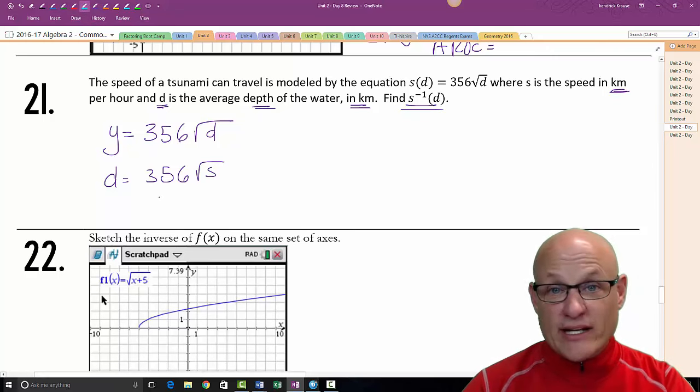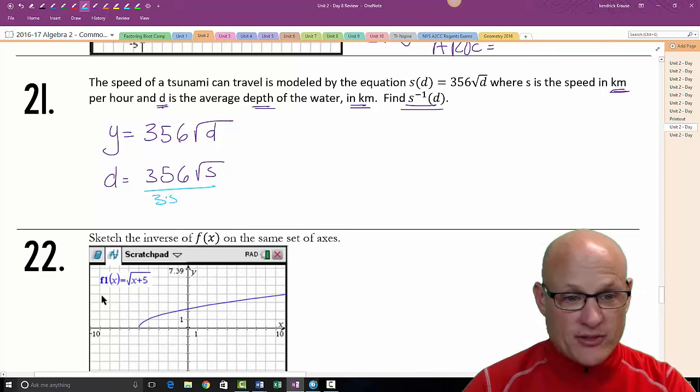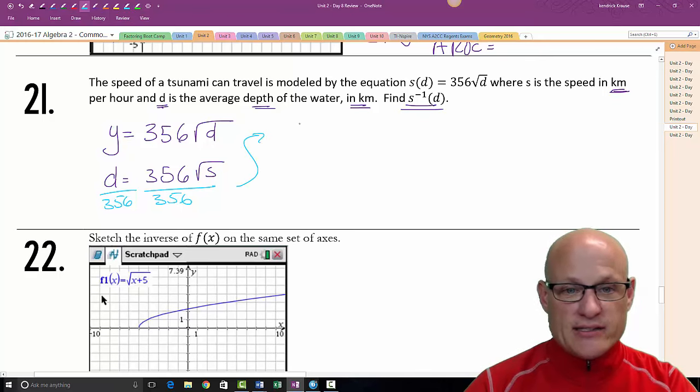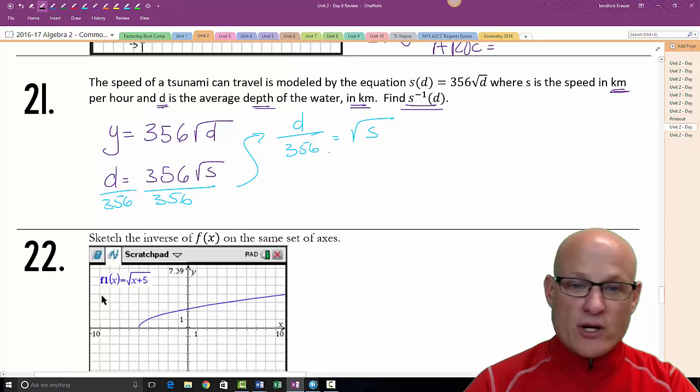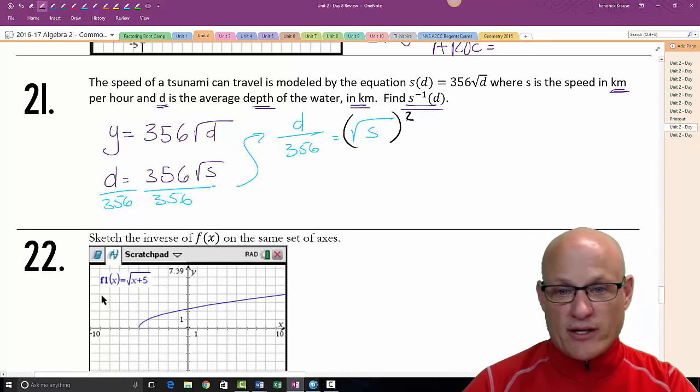So first thing I do, get the weird thing alone. We're going to divide by 356, same on both sides. So then I get D over 356 equals the square root of S. The only way to get rid of a square root is to square it. Square it.